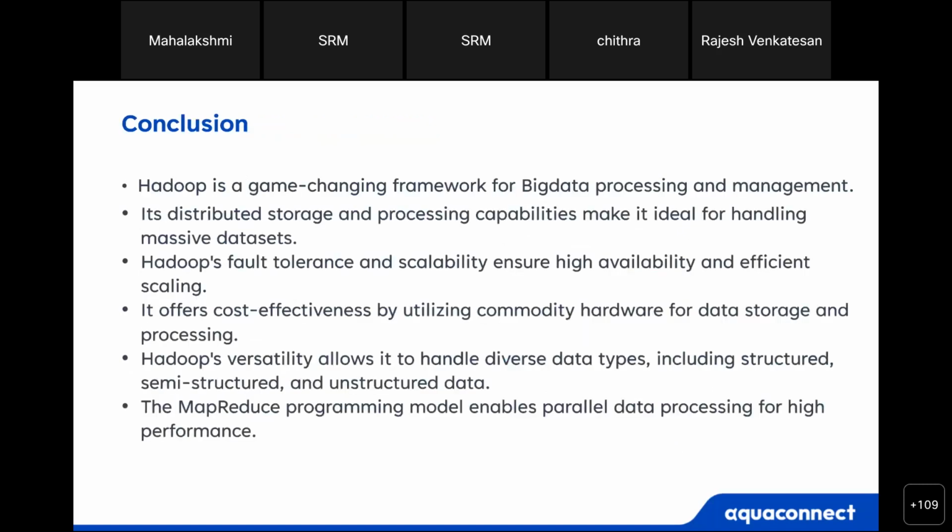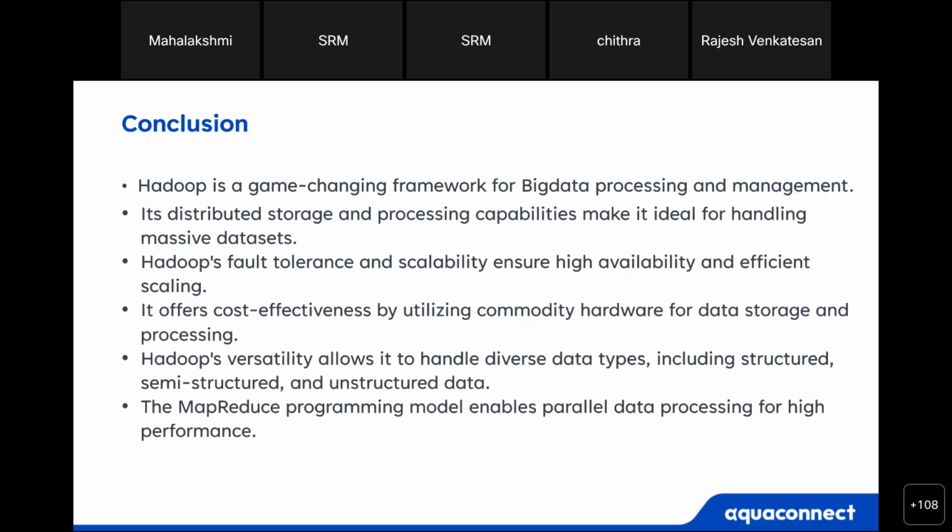Finally, conclusion. Hadoop is a game-changing framework for big data processing and management. Since it stores the data in a distributed manner, its capabilities make it ideal for handling massive data sets. Hadoop has fault tolerance and scalability that ensure high availability and efficient scaling.